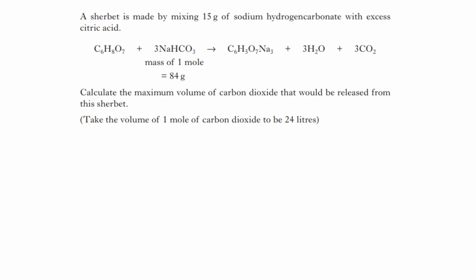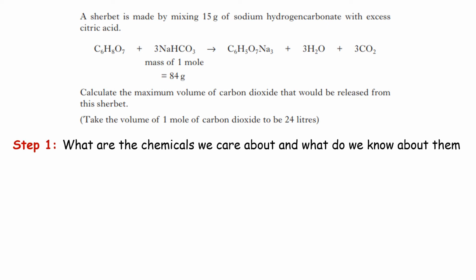The question has asked you to calculate the maximum volume of carbon dioxide that would be released from this sherbet. So that is the question that you're going to answer in the final step. And you can see that you've been given the volume of 1 mole of carbon dioxide is 24 litres. That means that 24 is the molar volume.